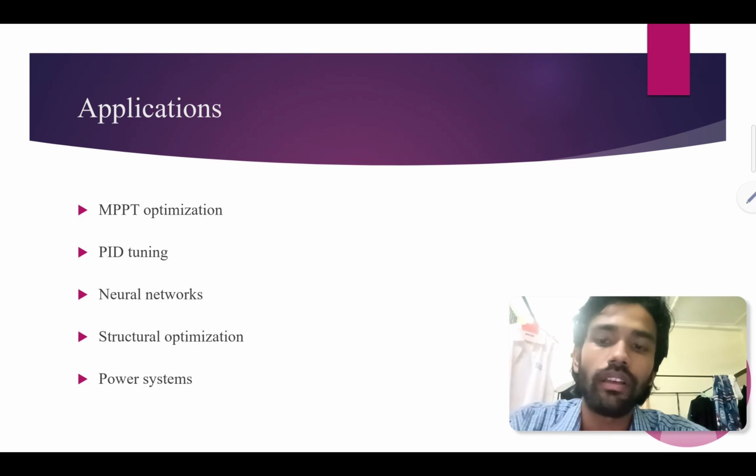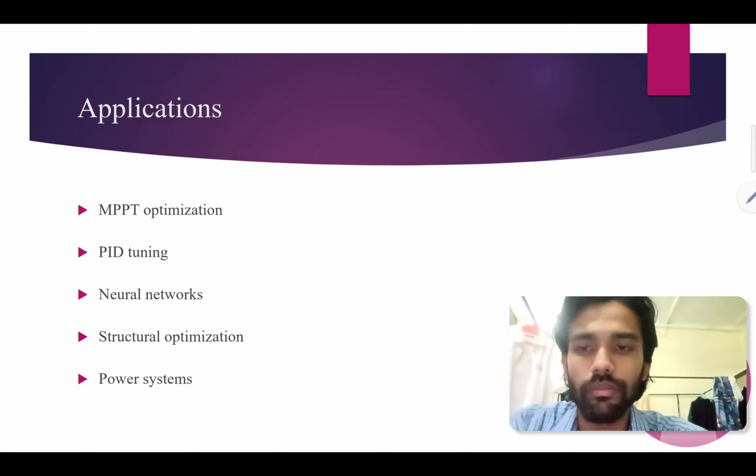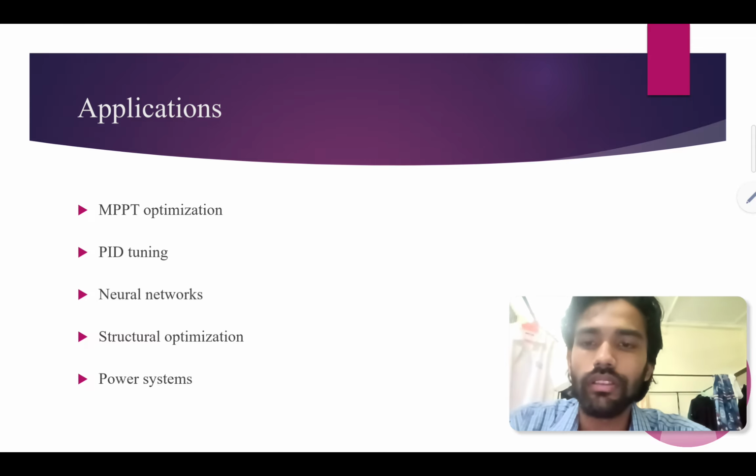Coming to the mechanical engineering part, it is used in structural design, gear train optimization, and many other applications are there. And coming to the renewable energy part, it is used in solar optimization, wind energy systems, etc. So these are the applications.